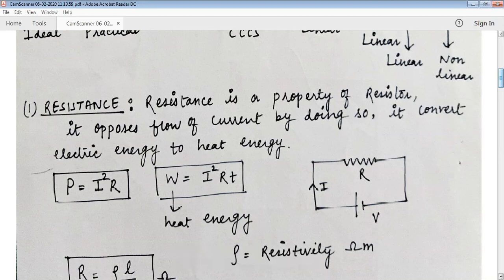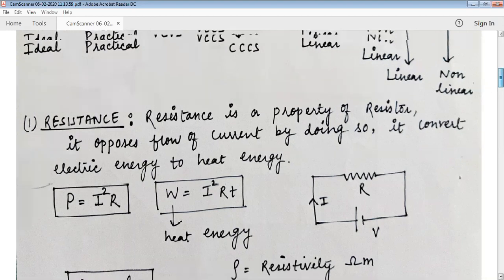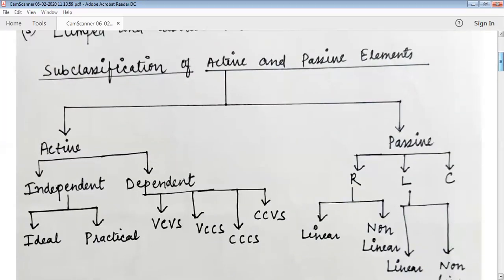So what are the active elements? Which elements are called active elements? When the element is capable of delivering energy independently, or when the element has the property of internal amplification, then that element is called an active element. Examples are voltage source, current source, transistors, because a transistor is a dependent active element, and op-amp.